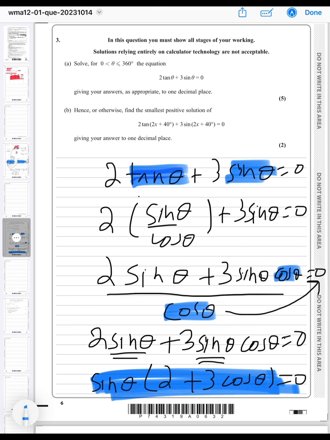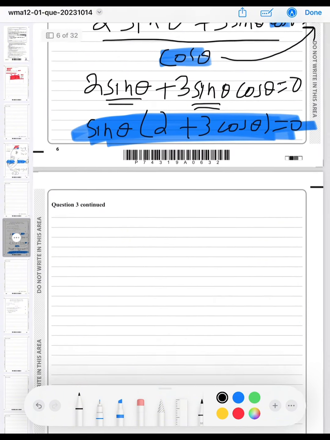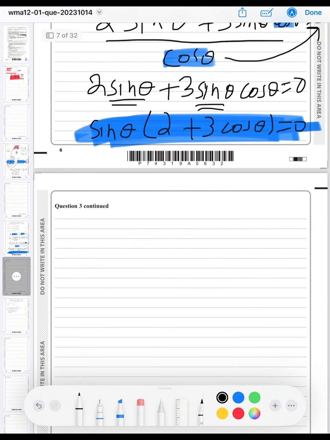Now if I have this thing, I'm successful in getting this. After getting this, I will split this into two equations: sine theta equals 0 and 2 plus 3 cos theta equals 0.